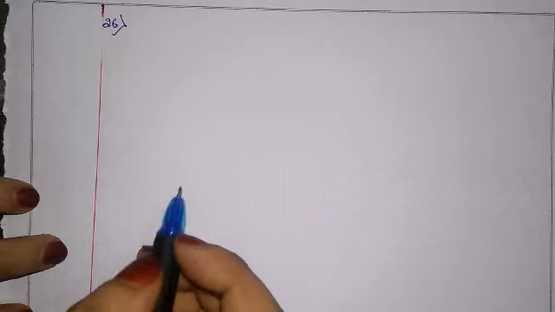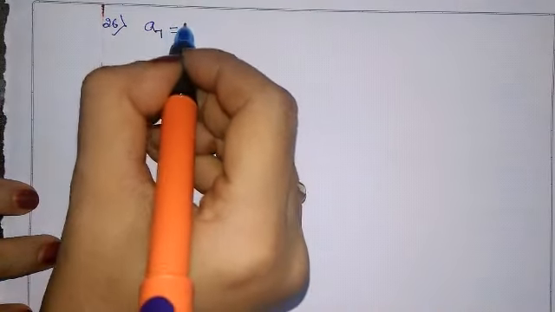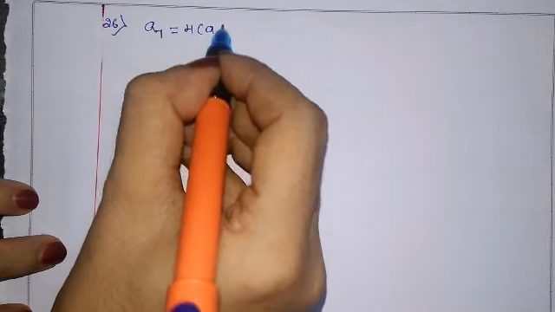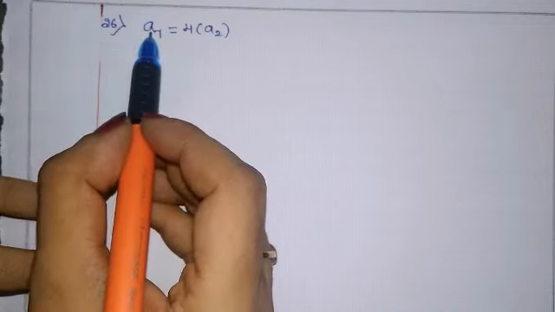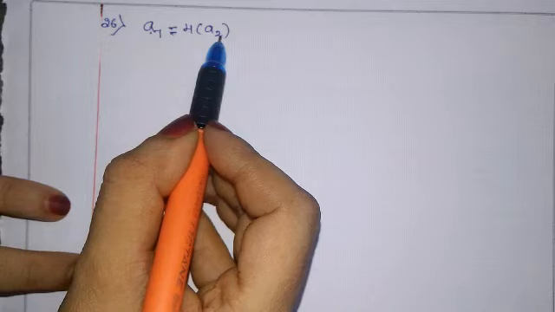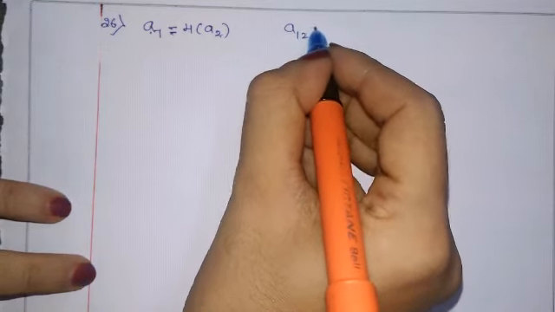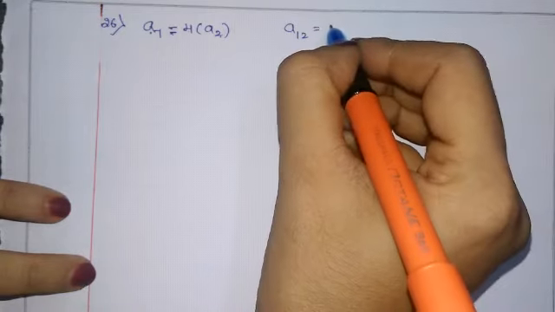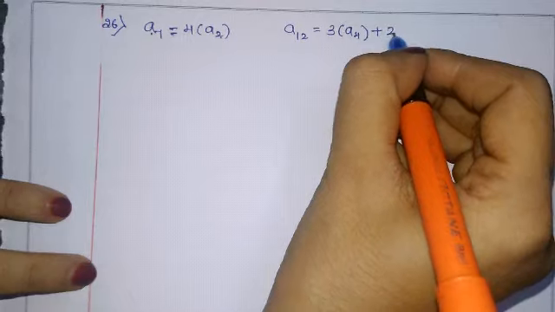So let me see this question, what they have told. 7th term of an AP is 4 times the second term. How to write? Now you people have understood maybe. 7th term of an AP is 4 times the second term and 12th term is 2 more than 3 times 4th term. 3 times 4th term, 2 more than.